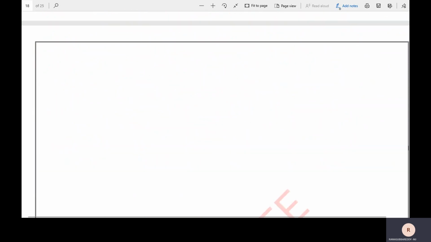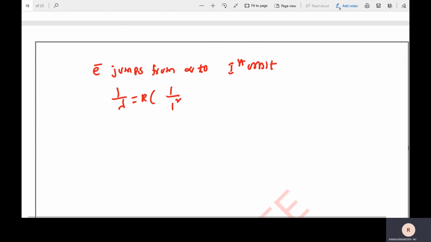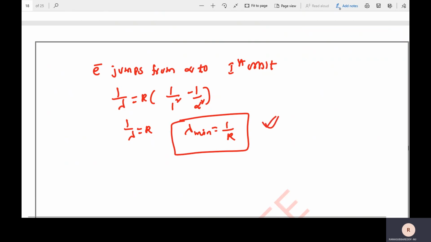Then similarly, how to find the minimum value for Lyman? In order to find the minimum value, the electron jumps from infinity to the first orbit. Then 1 by lambda is equal to R. Our n1 is the first orbit, n2 is infinity square, so 1 by lambda is equal to R. Then lambda minimum is equal to 1 by R. The R value we know, we will substitute and get the minimum.